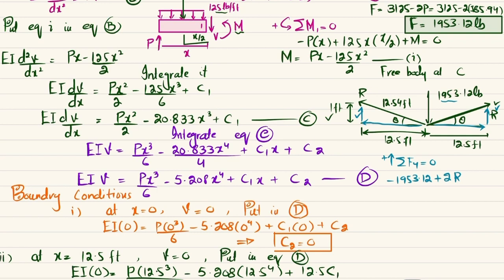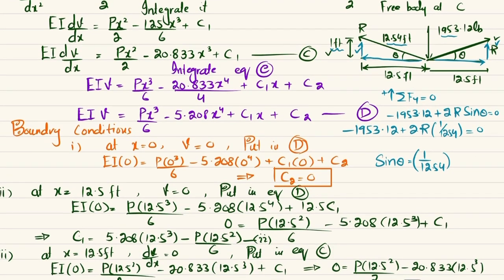So 2R sine of theta is equal to 0. So I will write minus 1953.12 plus 2R, and sine theta is equal to perpendicular over hypotenuse. So perpendicular is 1 and hypotenuse is 12.54. So I will put the value over here, 1 over 12.54. Okay, that is equal to 0.